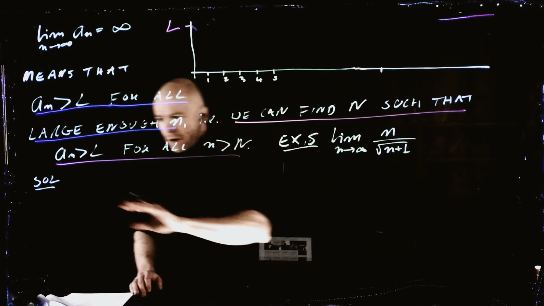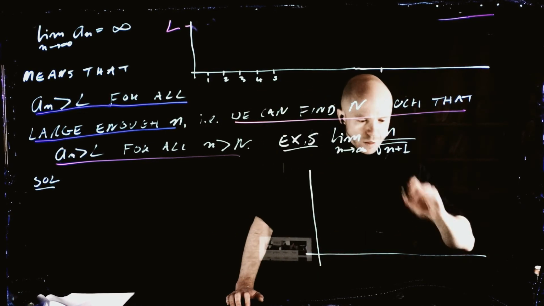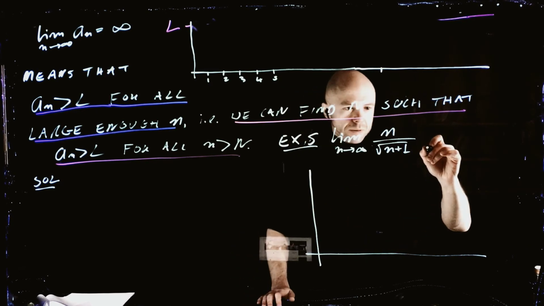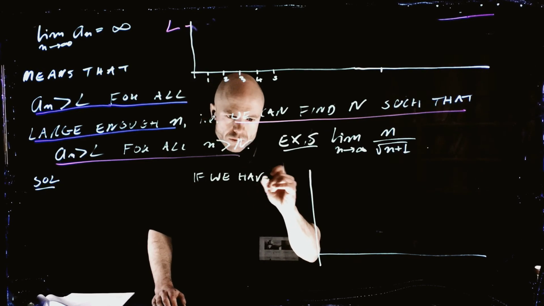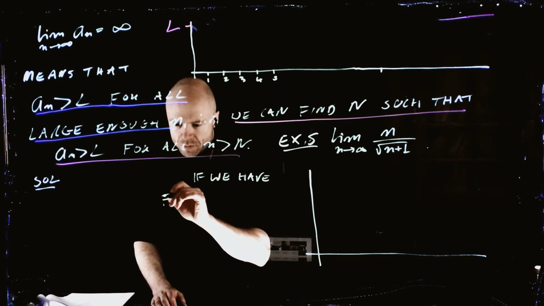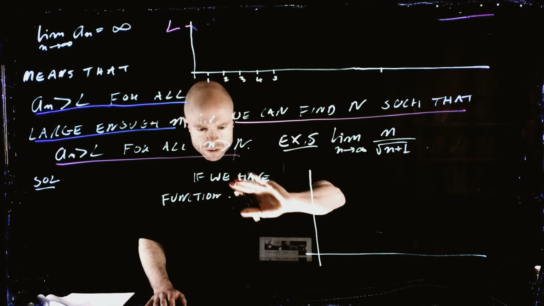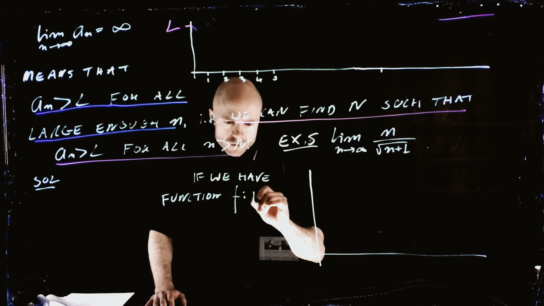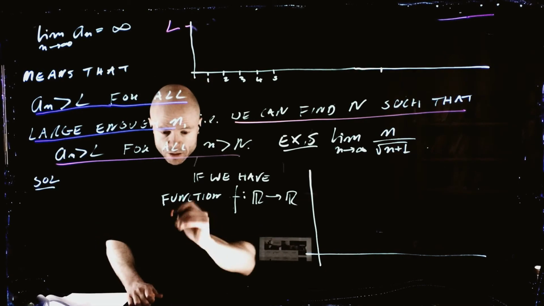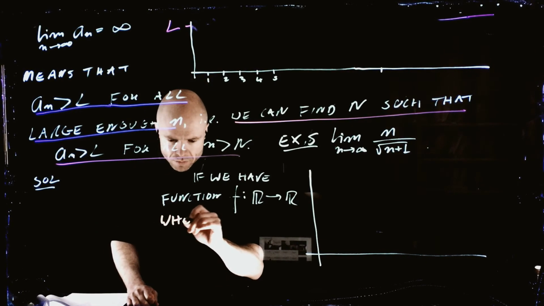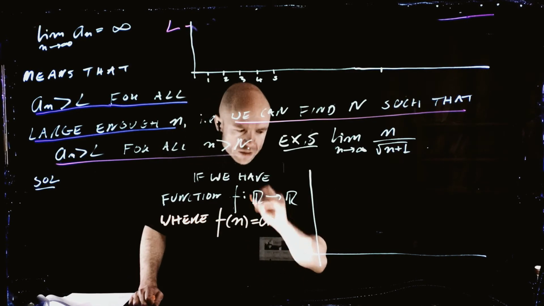So here's another very useful way to think about sequences. If we have a function f from the real numbers to the real numbers, where f on the integer n is equal to a_n, let's visualize what that means.